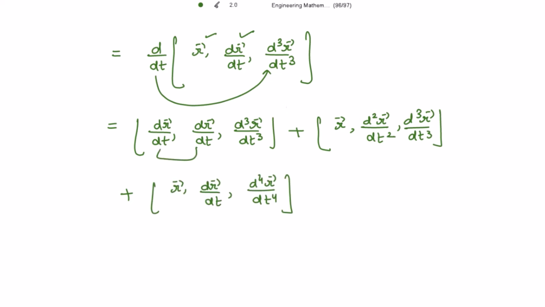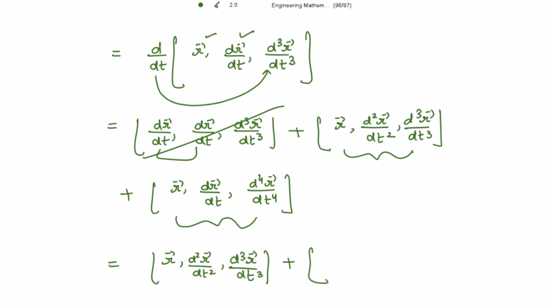Having the same vectors, it vanishes, and there is also no same vector over here. So the answer for this is the second term plus the third term, this scalar triple product. So this is the answer for the second part.